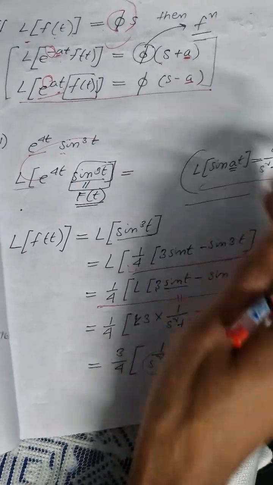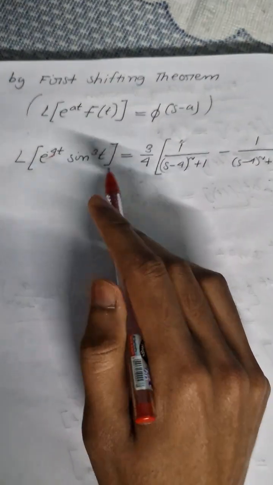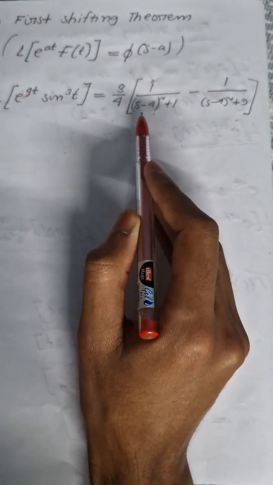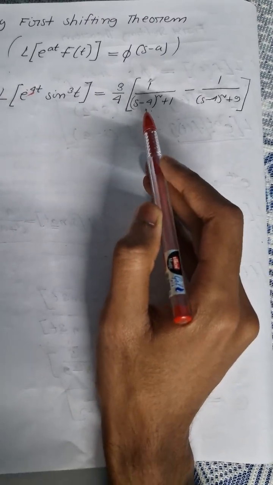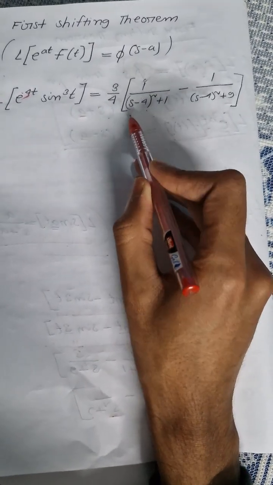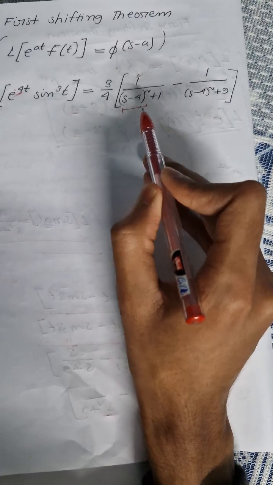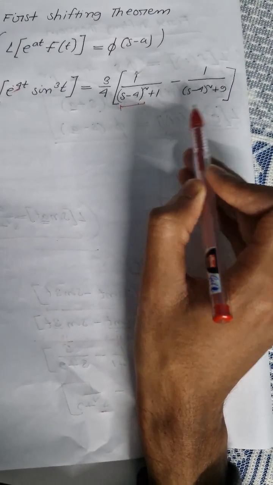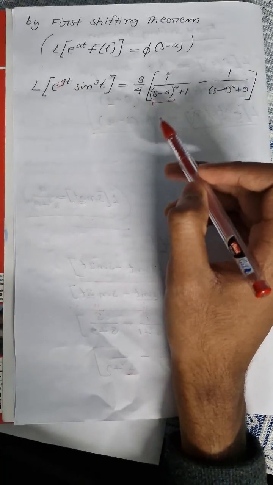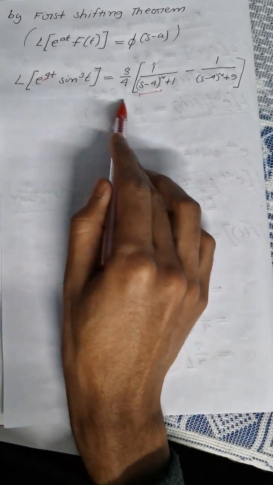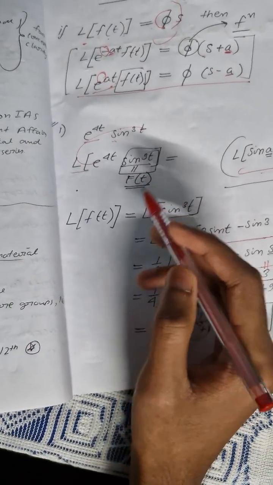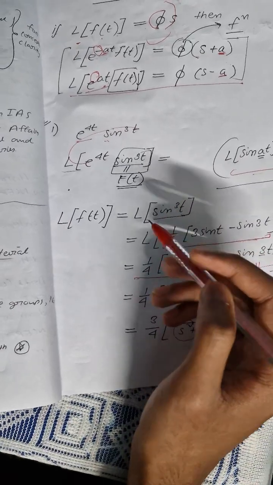So in our case also 4 comes in this place, s minus 4 square, and whatever it was earlier is unchanged, but this value changes: (s minus 4) square plus 1 minus 1 by (s minus 4) square plus 9. So by the first shifting theorem we have found a solution to the question, e to the power 4t sine cube t. So whenever you find anything in power with e, we have to use the first shifting theorem.